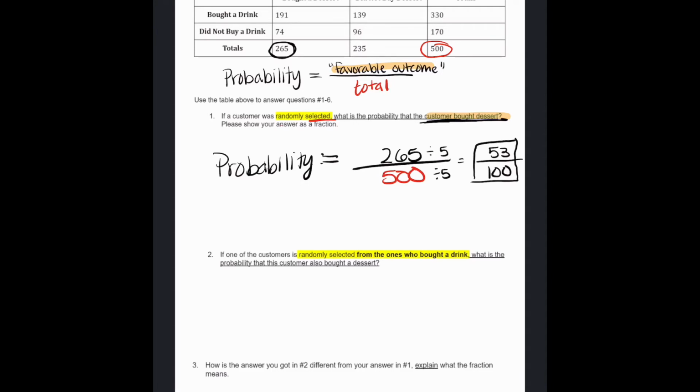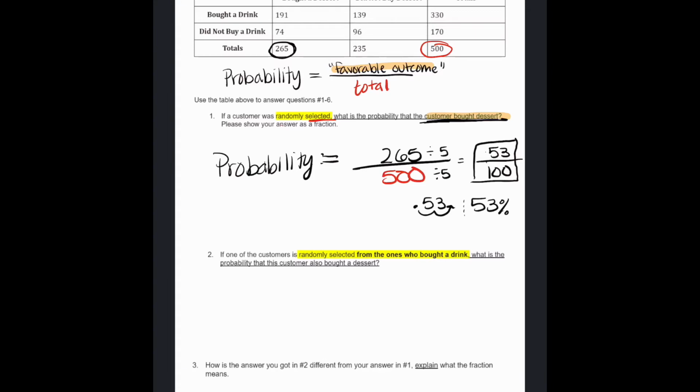If you wanted to make it a decimal, you would do 53 divided by 100. That gets me 0.53. And if I wanted to make that a percentage, I would just scoot the decimal over twice, 1, 2, to make it 53%. So what is the probability that the customer bought a dessert?